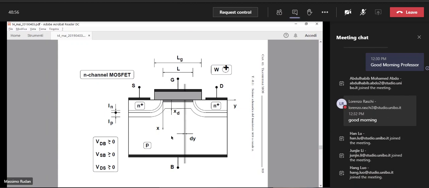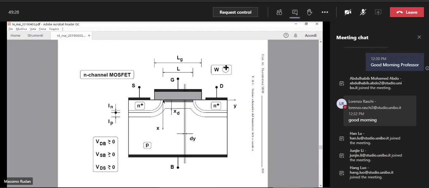Other important geometrical aspects are these. You see the symbol LG on top. LG indicates the geometrical length of the channel or the gate region, okay?